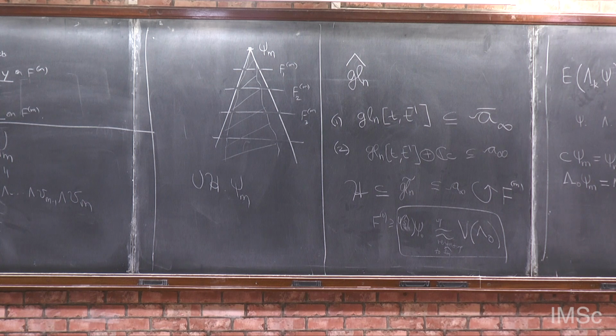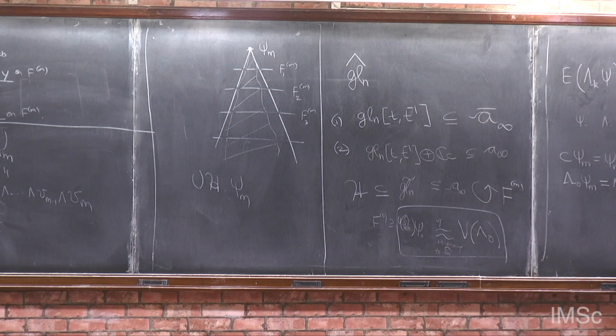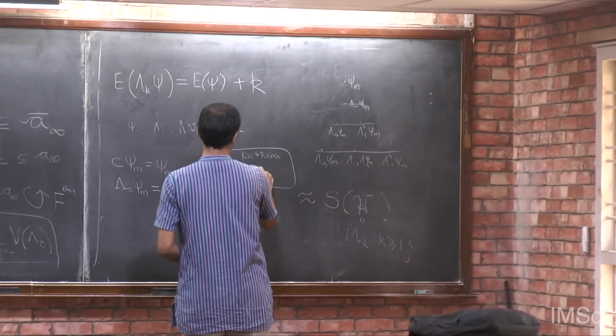All of this is from Kac and Raina's book, by the way. I should have said that right in the beginning. The reference for all this is Kac and Raina's Bombay Lectures on Highest Weight Representations.